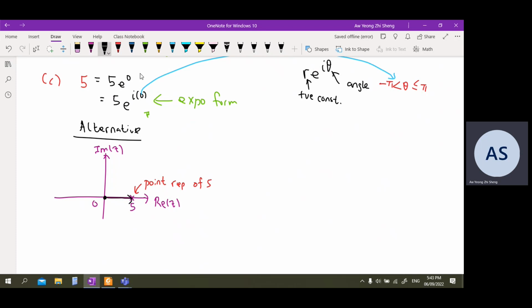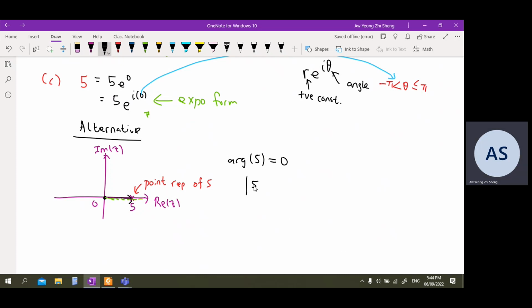If you measure the angle made between the positive x direction and this black colored vector, it is 0 as the angle. Therefore, the argument of the number 5 is 0 radians.